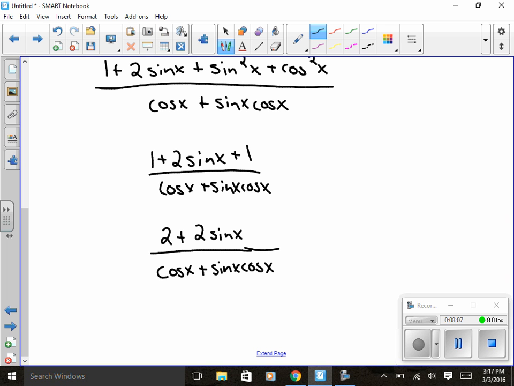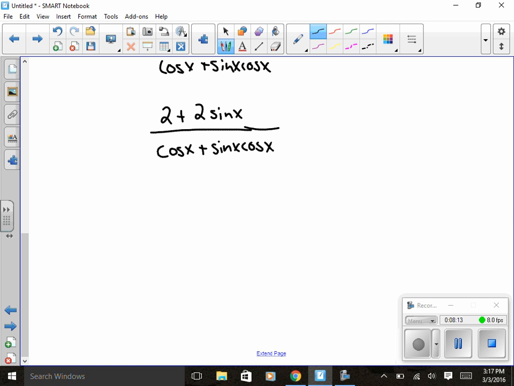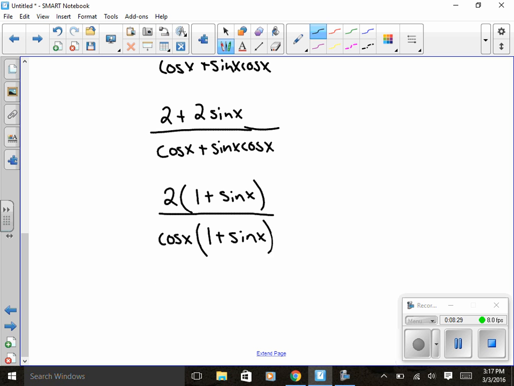Now, looking at the top, I notice that they both have a 2 in it, and looking at the bottom, they both have a cosine. And they're kind of in the same format when I look at this. So I'm going to factor out the 2 on the top, and I get 1 plus sine of x. I'm going to factor out the cosine on the bottom, and I get 1 plus sine of x.